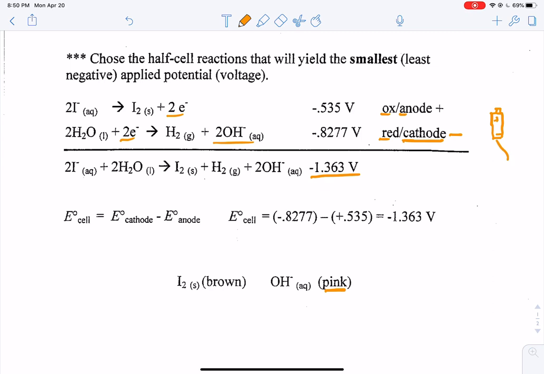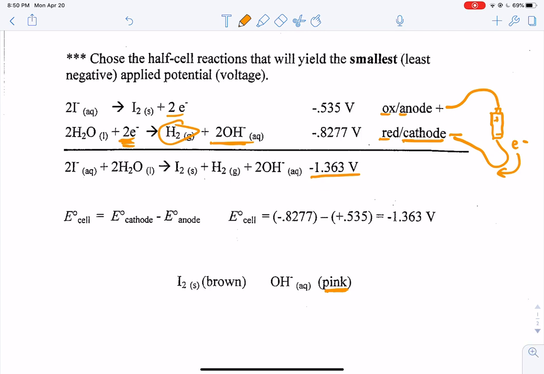We would hook this electrode up to the negative and this electrode up to the positive. So the negative charge would travel this way. It would be gained. Hydroxide ions would be produced, causing a pink color to form at the electrode that was our cathode. Another thing that would happen at the cathode is you would get all kinds of bubbles forming. Bubbles would form at this electrode as well, of hydrogen gas.